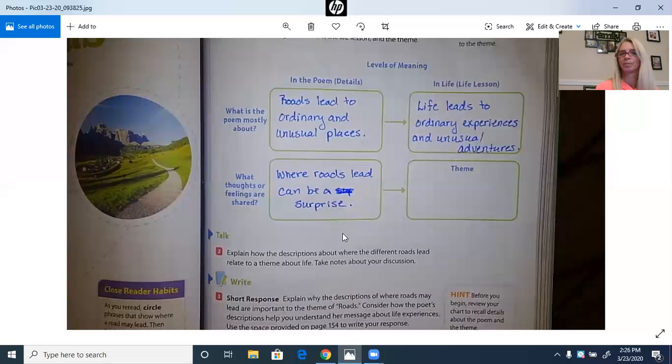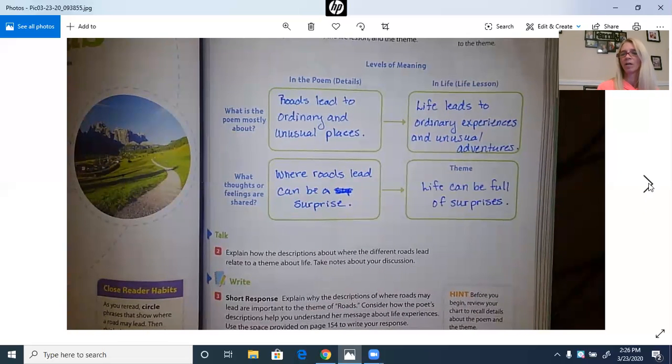And then if you tie all three of these things in, what the poem's about, the life lesson in the poem, and the thoughts and feelings shared by the author, you can tie in that life can be full of surprises.